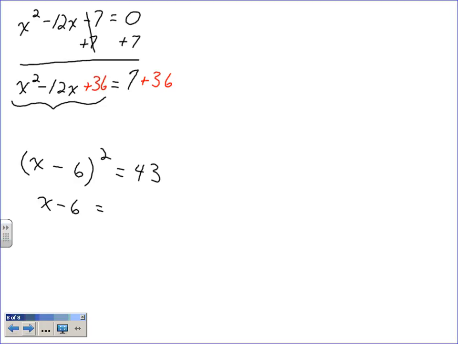Equals what? Plus or minus? You with me? Add 6. And x is equal to 6 plus or minus the square root of 43. That's a method of completing the square. Okay. I want you to try one.